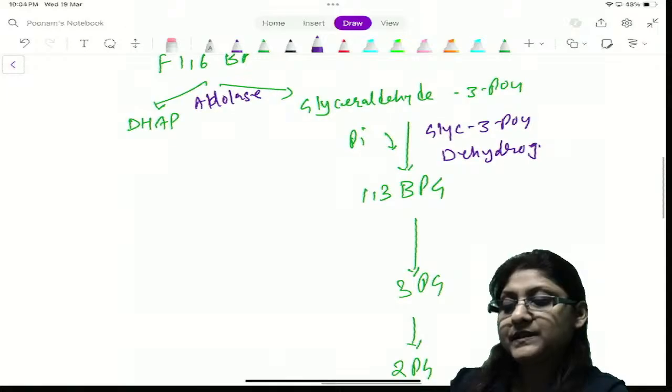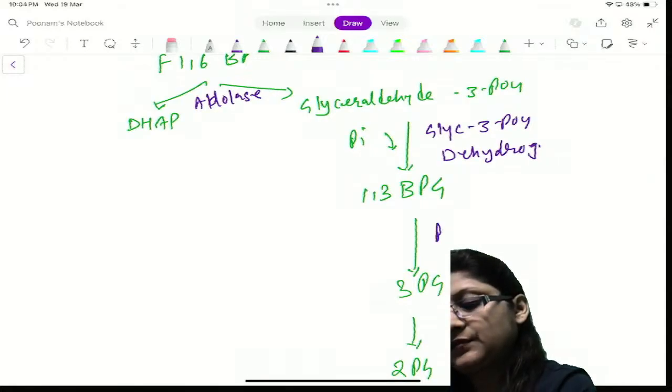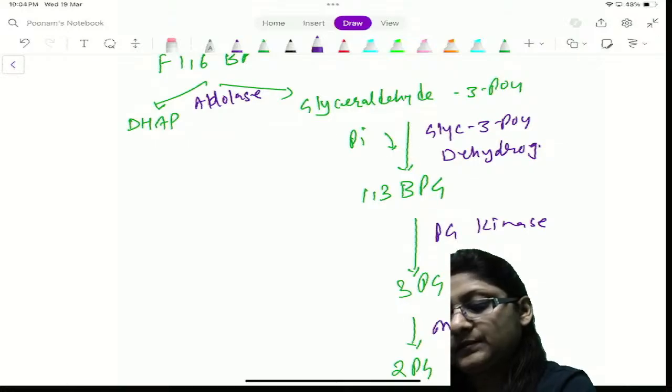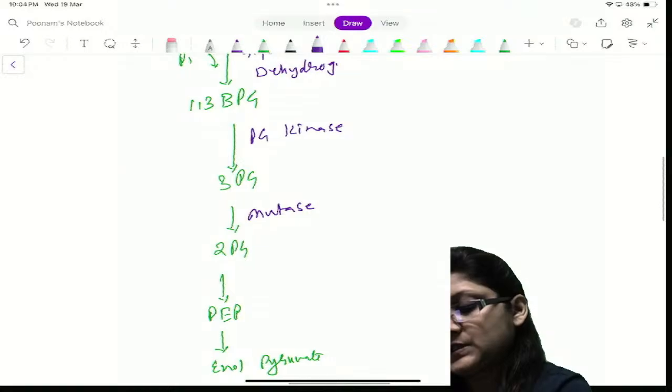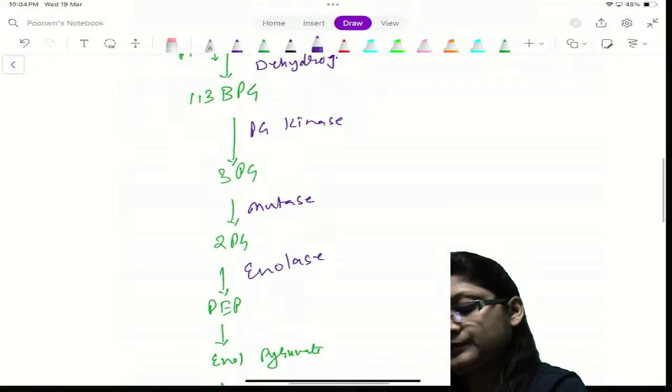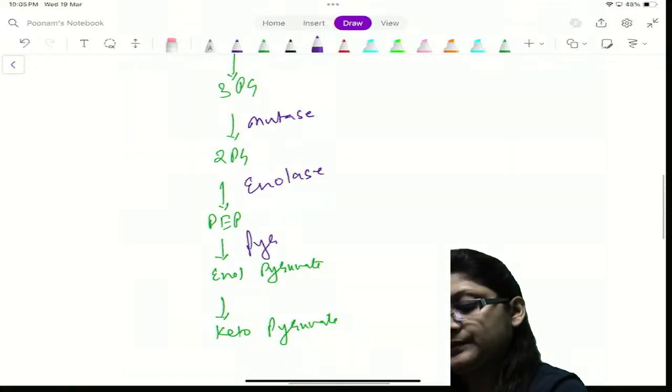Do you remember the enzyme here? This is phosphoglycerate kinase enzyme. This is mutase enzyme. This is enolase enzyme. And this is pyruvate kinase enzyme.